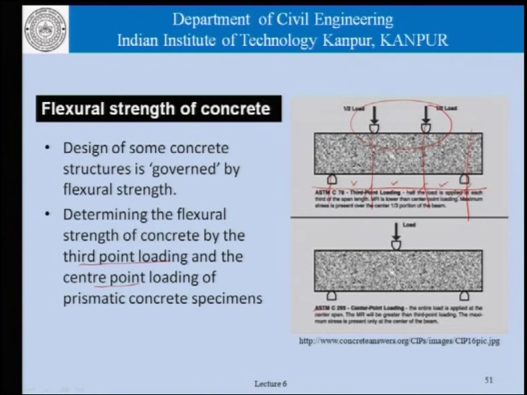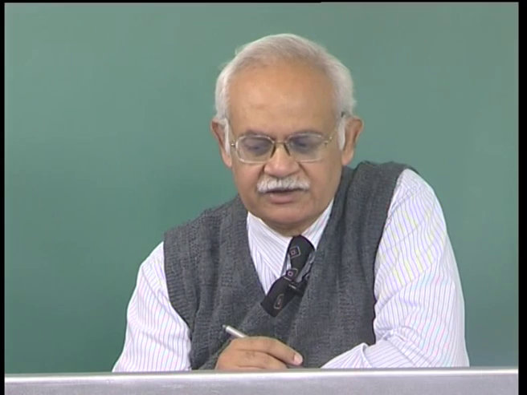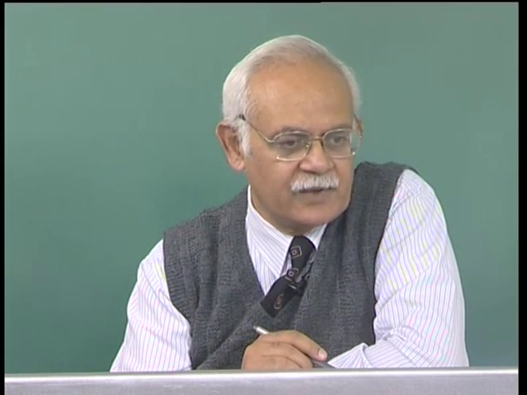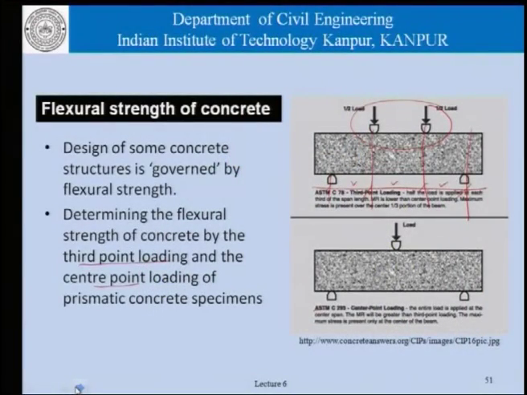That is what is called the third point loading, whereas in this case the load is applied at the center. Depending on the particular standard you follow in a particular country, we determine the flexural strength of concrete directly, because this is indeed the failure of concrete in flexure.